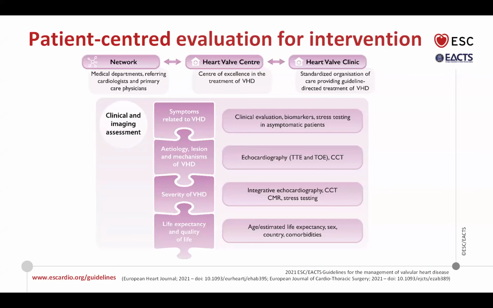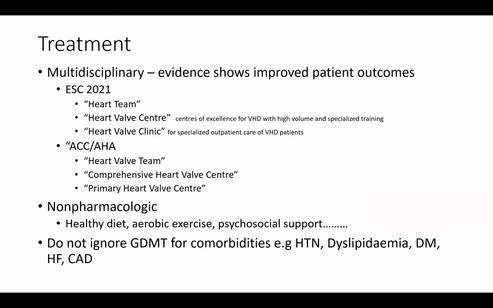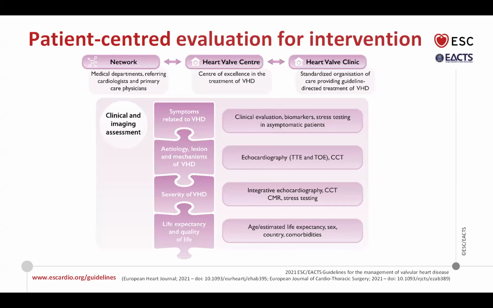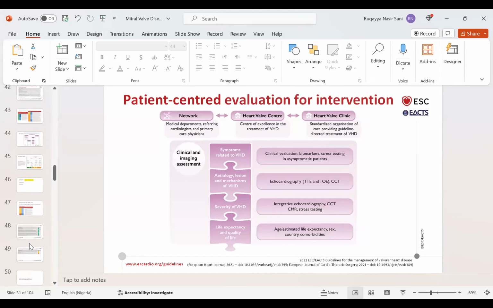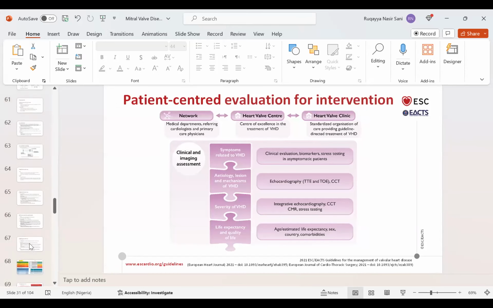Remember also the general principles we've said, that they should live a healthy lifestyle. We shouldn't ignore their comorbidities, especially those with MR, especially the chronic MR would typically come with heart failure. So we should treat that. If they have coronary artery disease, and so on. So all of this, I didn't want to repeat the slide again.